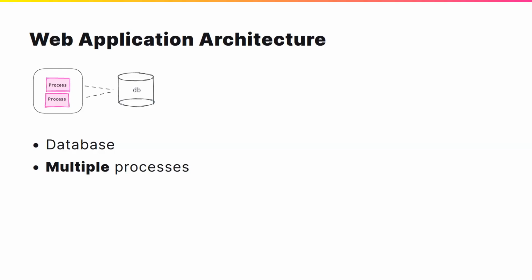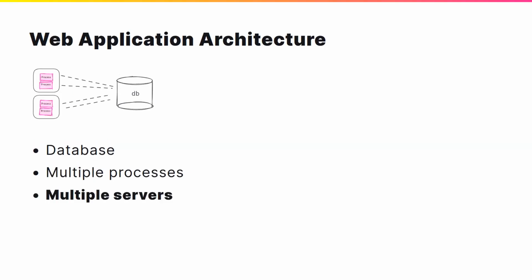So at this point, you start thinking, okay, maybe something at the operating system level. I mean, these 2 processes run on the same server, so maybe there's something I can use on the server to obtain a lock, right? But actually, what if you have multiple servers running your web application?